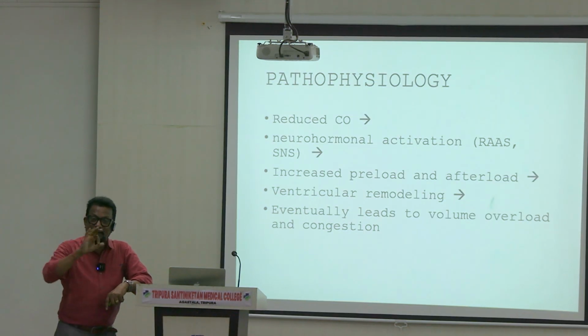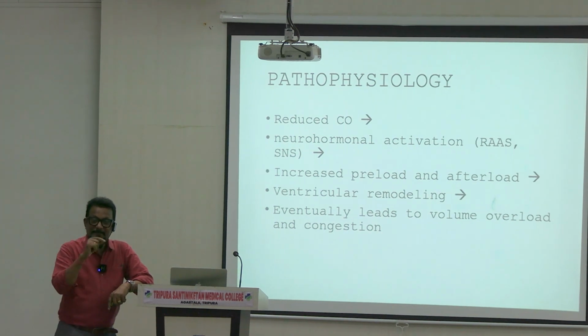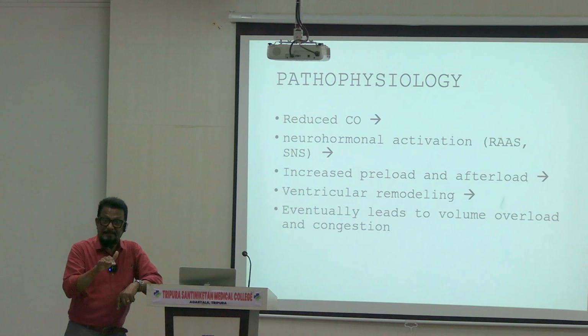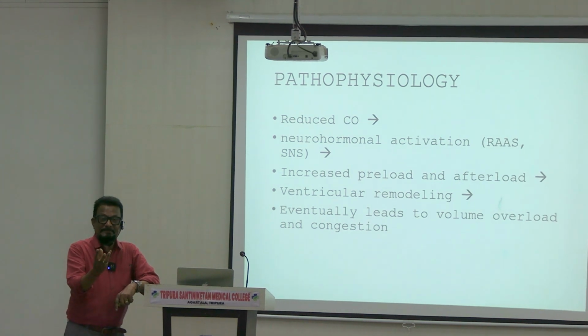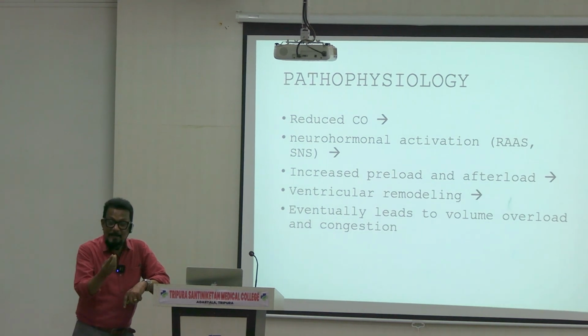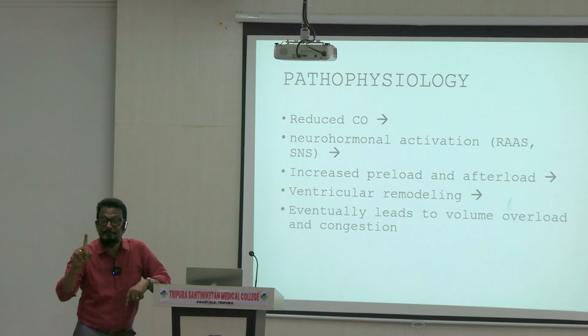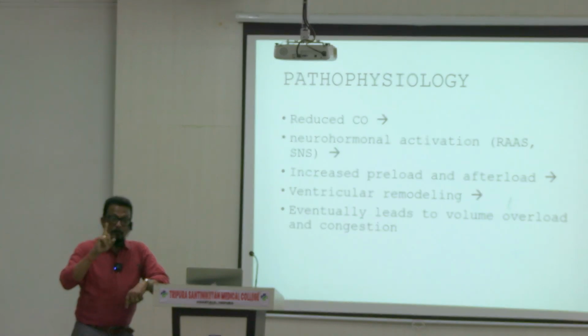When perfusion becomes less, the JG cells secrete renin. Now this renin acts on angiotensinogen, a plasma protein, converting it into angiotensin 1.